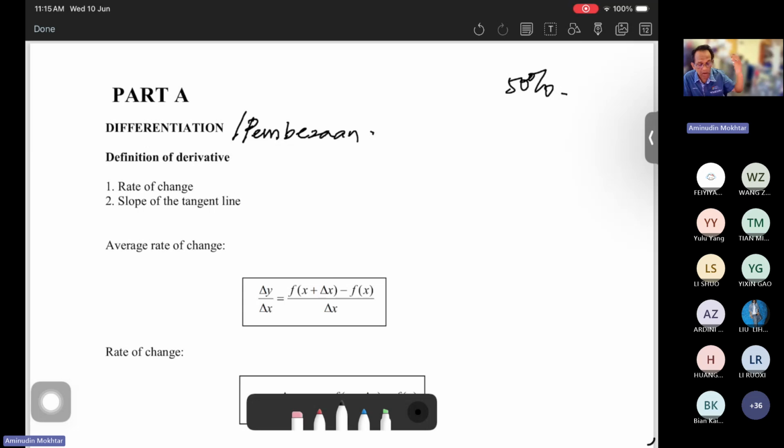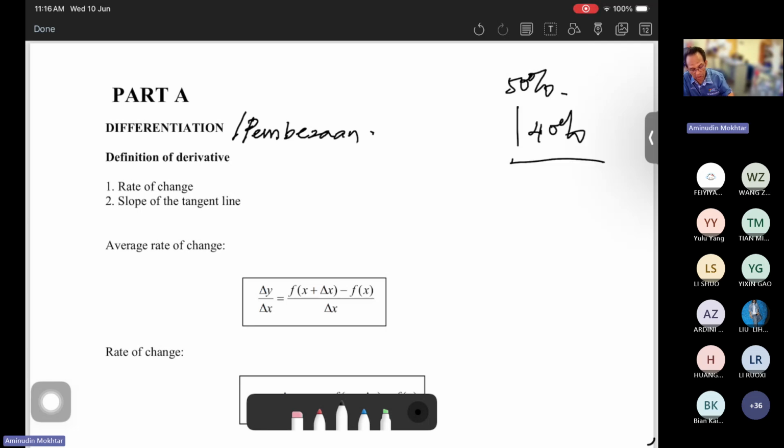For the overall, the final grade after your final exam, your test, mid test, your quiz plus your final exam, for the total grade, the passing mark is 40%.